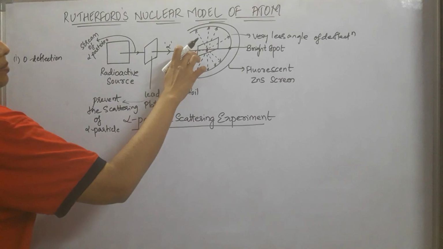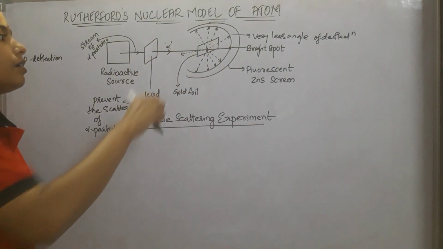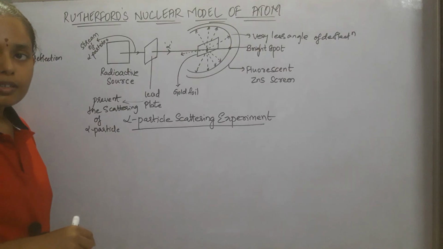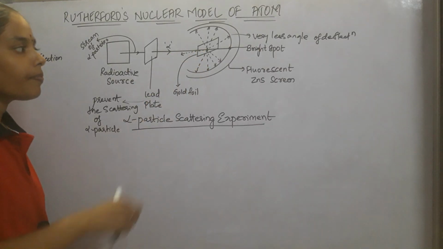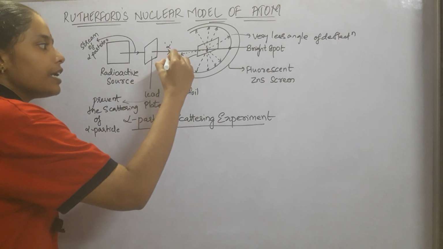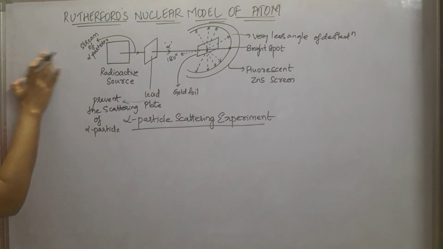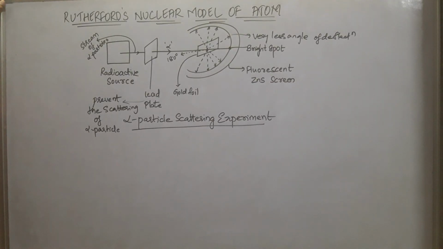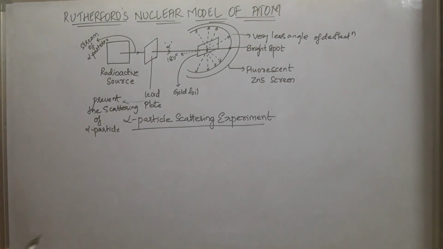And this deflection is shown by either one or two alpha particles which directly strike onto the positively charged portion and might show a direct 180-degree deflection. So most of them showed zero deflection, few of them showed very little deflection, and very few of them showed 180-degree deflection, or we can even say back scattering.